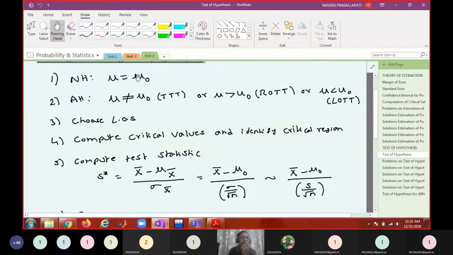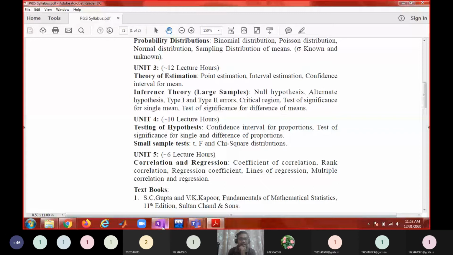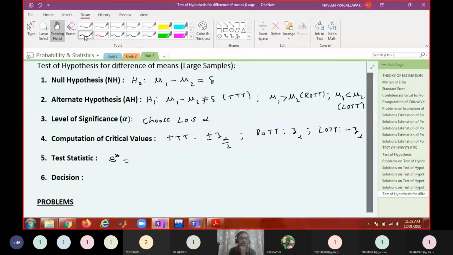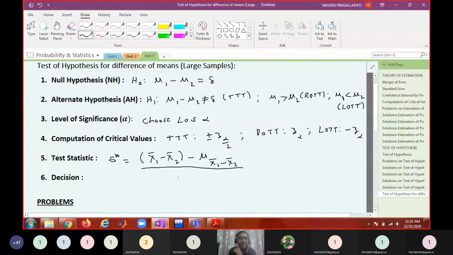That we are calling it as mu naught. So here in a similar way, how can we write the test statistic? Now instead of mu1 minus mu2, you will be having x1 bar minus x2 bar minus mu x1 bar minus x2 bar, divided by sigma x1 bar minus x2 bar.